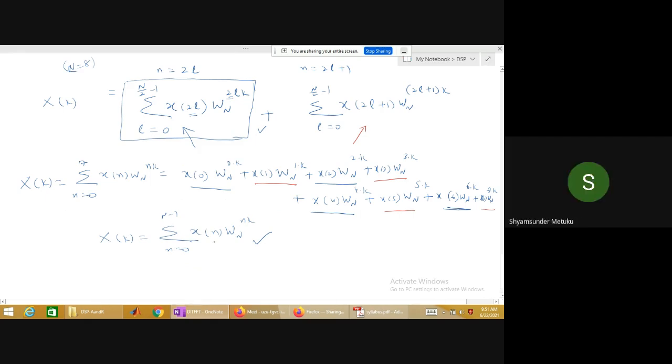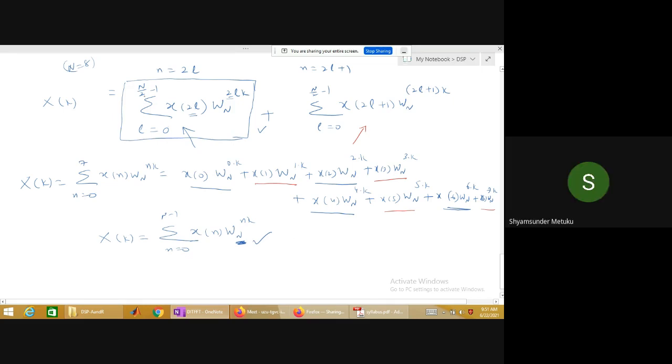Yeah, because the base of the twiddle factor is equal to number of samples, isn't it? Whatever base of the twiddle factor you have, that must be equal to the number of samples in the summation, isn't it? Yes, sir. Then only it is called a standard DFT, isn't it? In our case, what is the missing here?